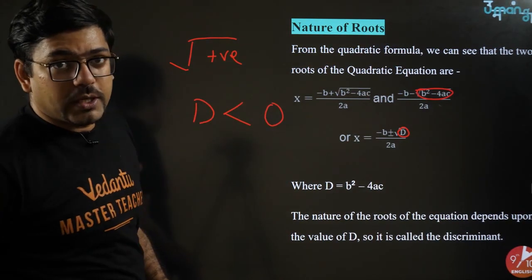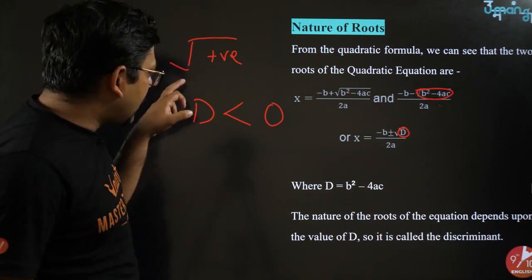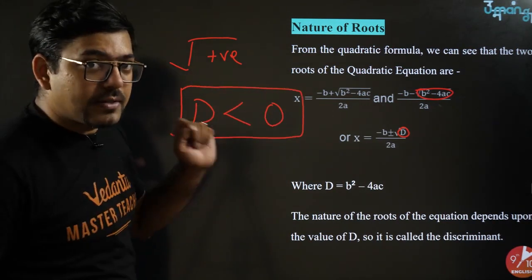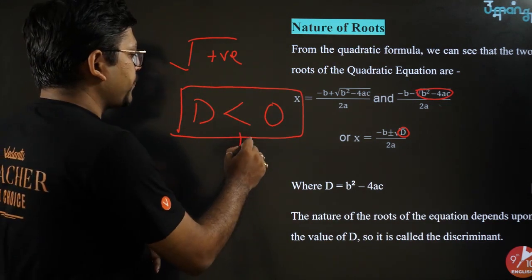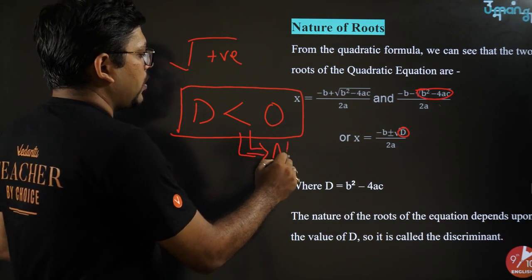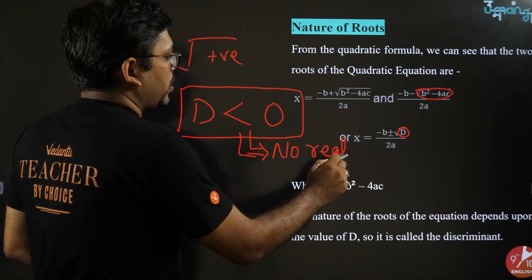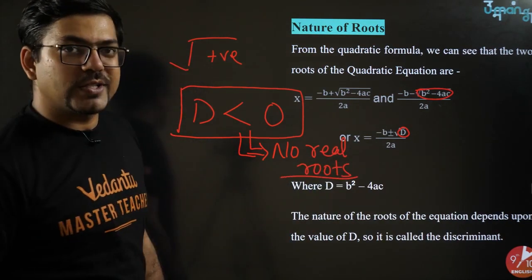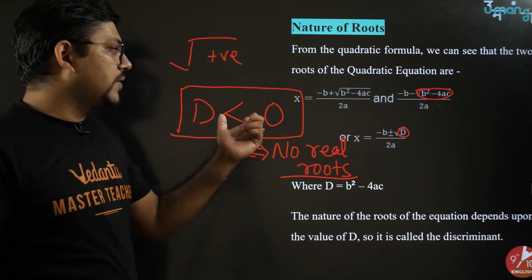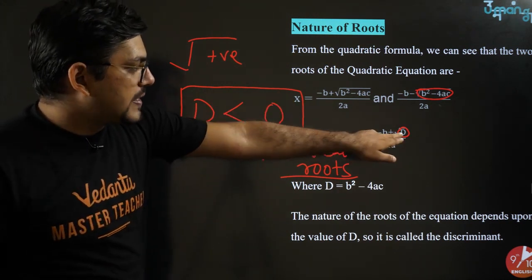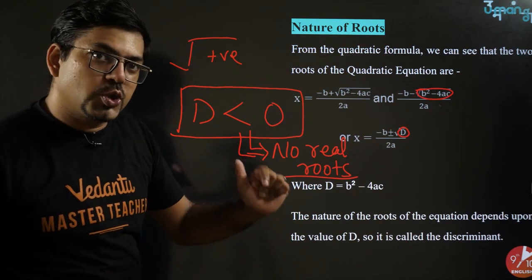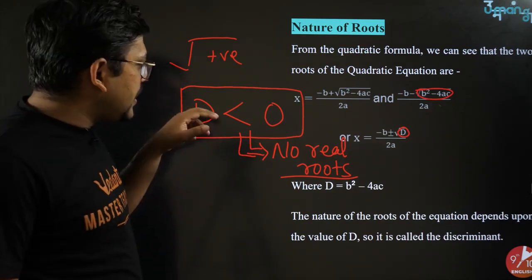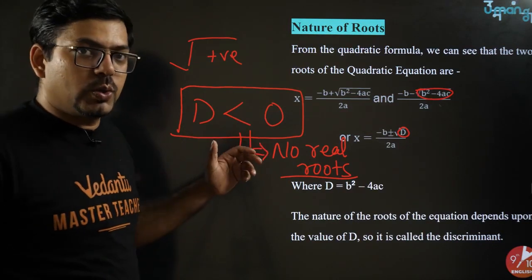Less than 0 means negative, isn't it? If D is negative, that's a big blunder, and in this situation you will get no real zeros or no real roots, because D negative means you are putting something negative inside the root, which should be avoided.